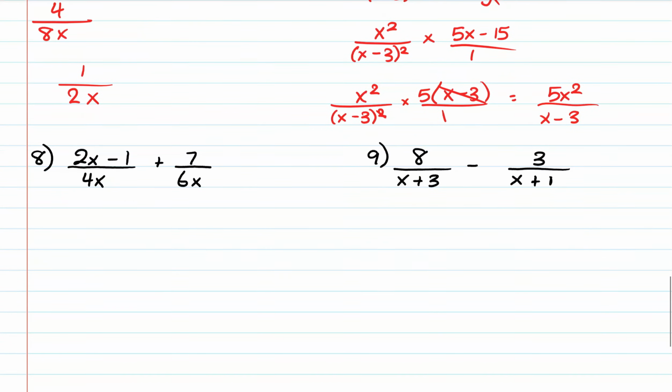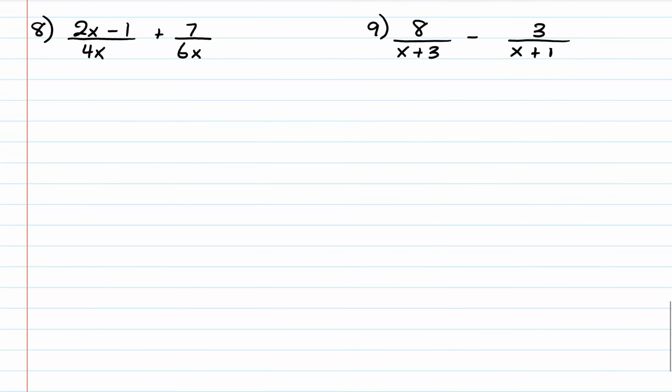Cool. Now these are the last two questions I'll go over. So now we're adding or subtracting fractions. Again, with rational expressions, we want to get a common denominator. So I've got 2x minus 1 over 4x plus 7 over 6x.